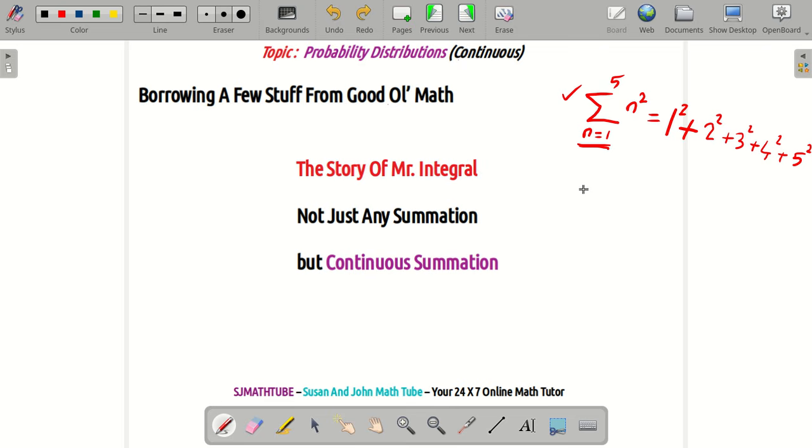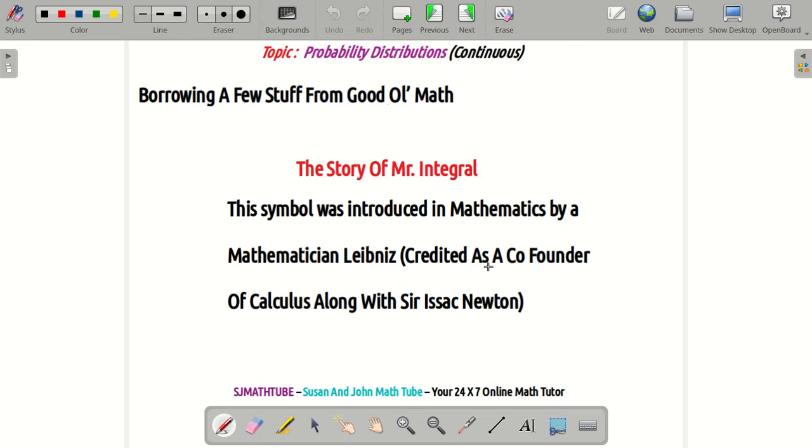Now imagine the situation where you add x square using all the numbers between 1 and let's say 5. This is where we need integration. So integration is not just any summation, but continuous summation.